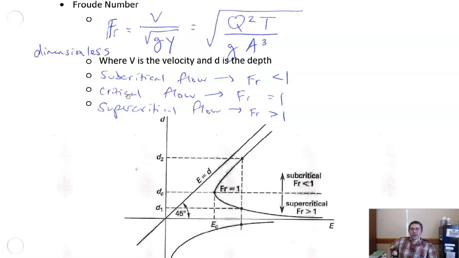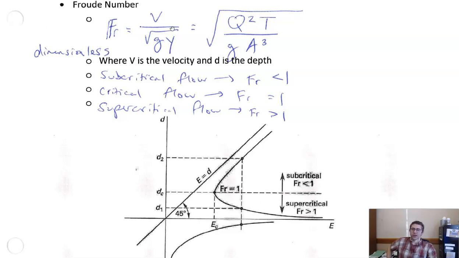And if Froude number is equal to 1, we're at critical flow. So that's what we were talking about, right? V sub c equals square root of g y sub c at critical flow. At critical flow, this is equal to this. In other words, the Froude number is 1. This whole thing is 1 at critical flow.